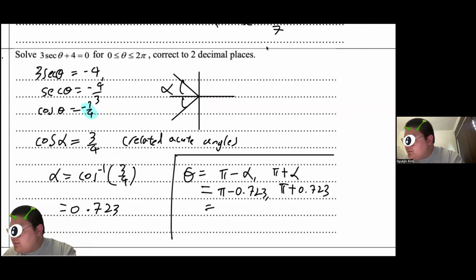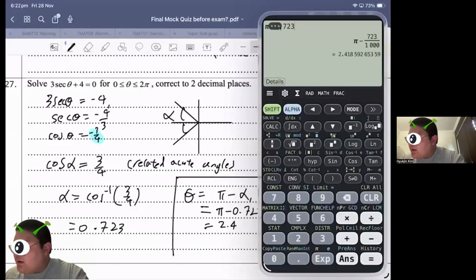You just have a go. Pi minus 0.723 is 2.419.